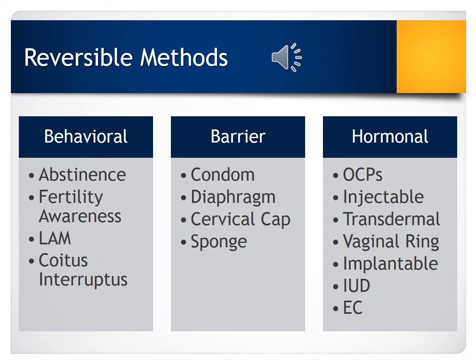In essence, many of these hormonal contraceptives trick the brain into thinking that you're already pregnant. So there is no ovulation occurring. And without ovulation, there is no fertilization of any egg.